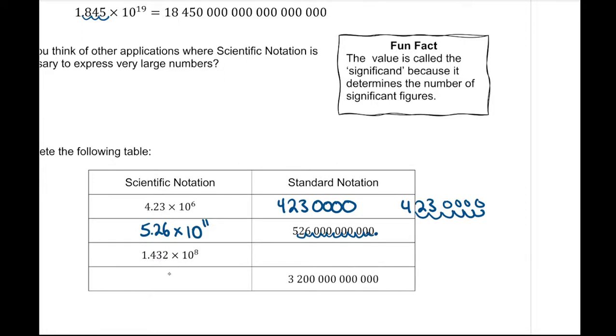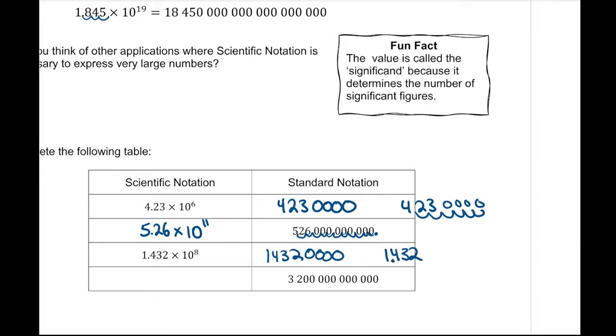1.432 times 10 to the power of 8. Again, depending on how you're comfortable doing it, you might say, okay, there's 3 decimal places. 8 minus 3 is 5. So that means there's 5 zeros I have to add on to the end. Or, if you're more comfortable actually moving the numbers, you can do that as well.